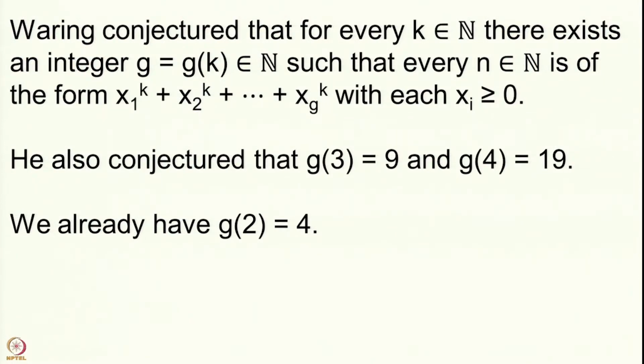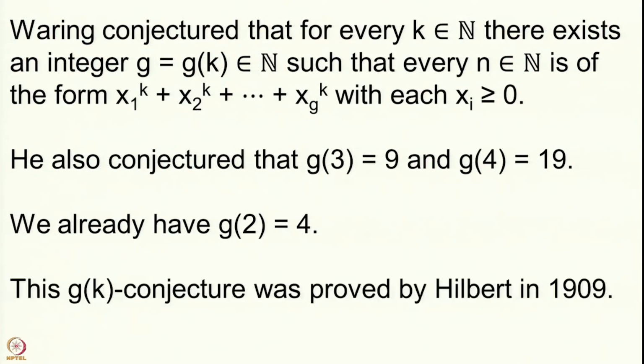This was stated in 1770, and about 140 years later Hilbert proved it in the last century, the 20th century. Hilbert proved the g of k conjecture, which is that for every k there is such a finite number g with the property that every natural number is a sum of at most g kth powers.